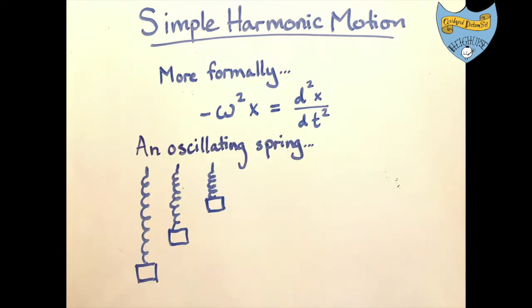So because the identity of omega depends very strongly on what type of oscillation we've got going on, we need to look at a few specific examples. And we said we're going to do springs, pendulums, and physical pendulums. The spring is the easiest one to work with, so we'll start with that one.